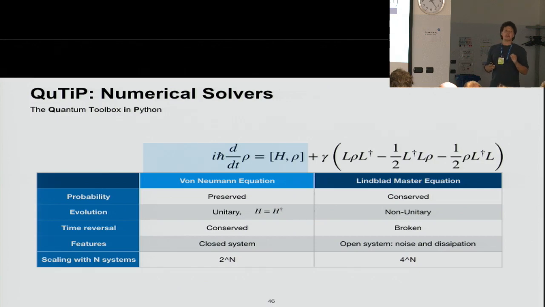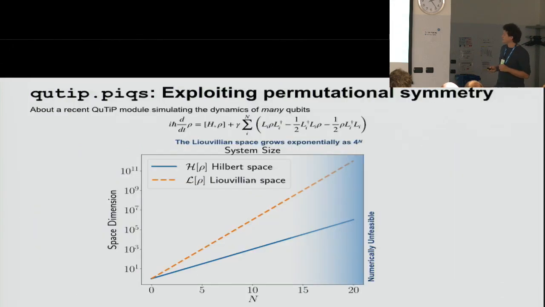So a simple thing that QuTiP does is just to convert this equation into a simple equation in a bigger space by tensoring these products, in which there is a bigger matrix multiplying a vector, and then exploiting the sparsity of this matrix, which contains the full dynamics. Some recent advancements in which I've been directly involved is the simulation of the dissipative dynamics of many identical qubits or quantum systems.